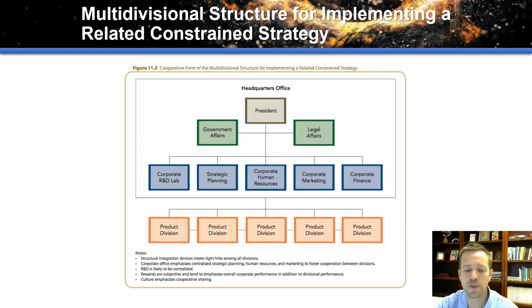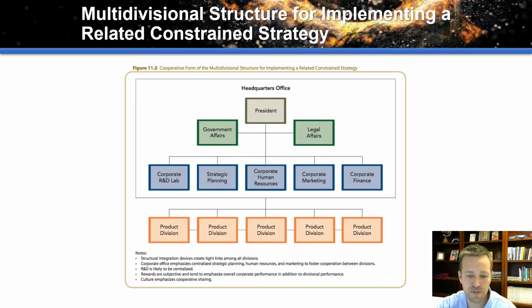The reason for that is that we don't want our divisions competing with each other. We want them generating profit, but we also want them generating knowledge and other resources that can be used by the organization as a whole. And so, when they cooperate, we want them to make decisions that aren't just benefiting their product division, but that are beneficial to the organization as a whole.